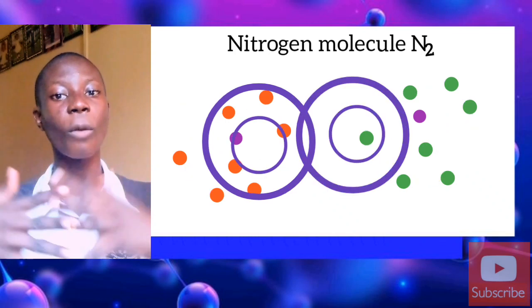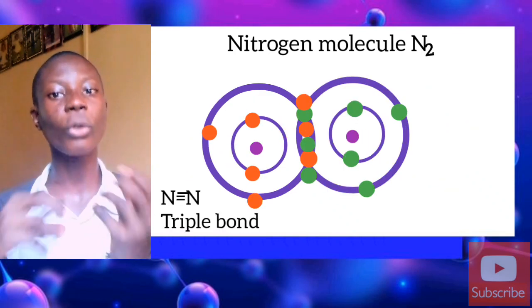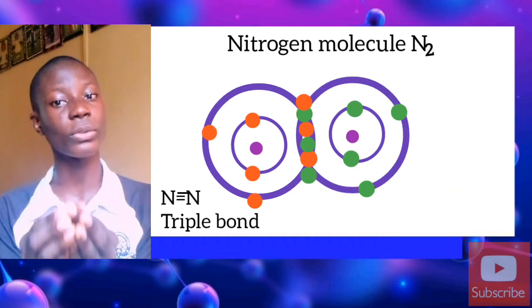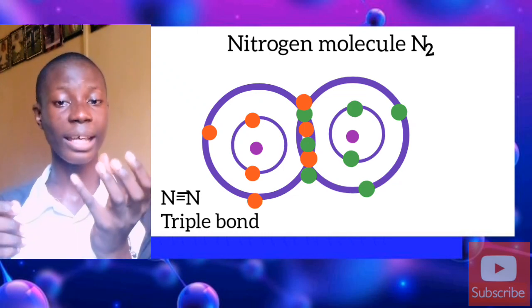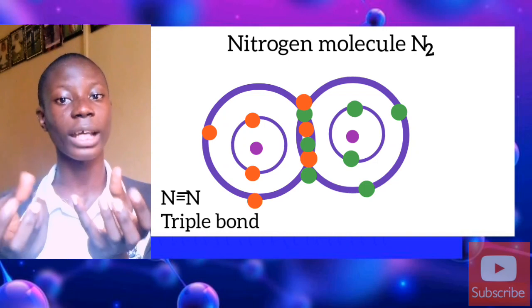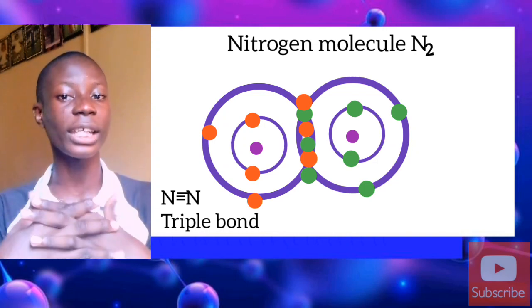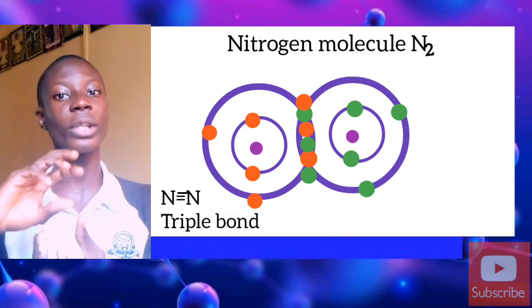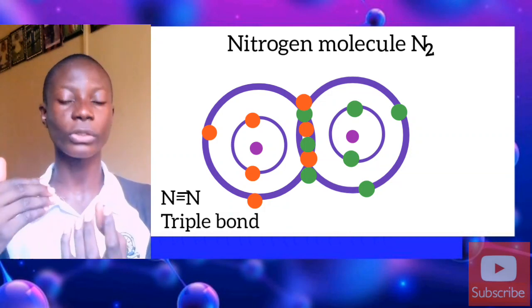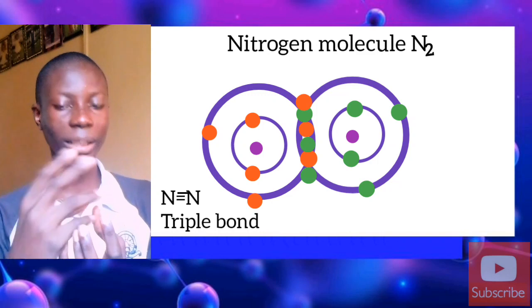So when they combine, each atom contributes 3 electrons to the bond: 3 electrons from one atom and 3 electrons from the other atom. They share their electrons, and both of them form a stability. This is called a triple bond because each atom contributes 3 electrons.